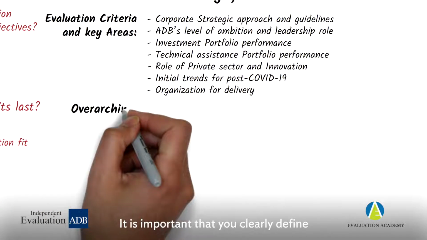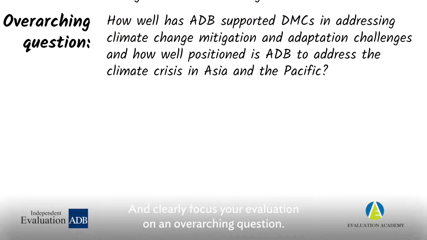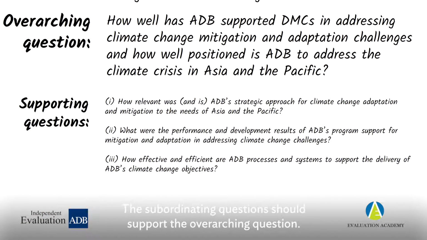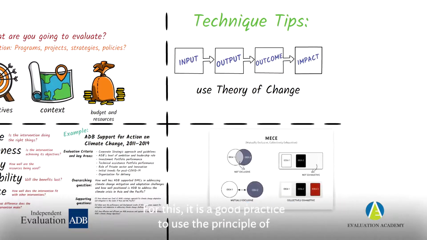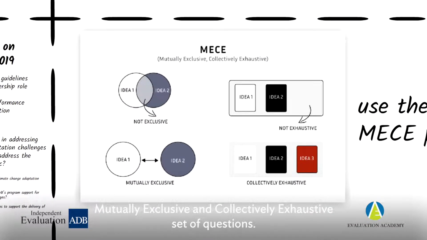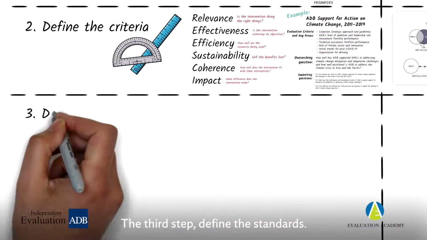It is important that you clearly define what areas of the program you want to assess and clearly focus your evaluation on an overarching question. The subordinated questions should support the overarching question. For this, it is a good practice to use the principle of a mutually exclusive and collectively exhaustive set of questions.